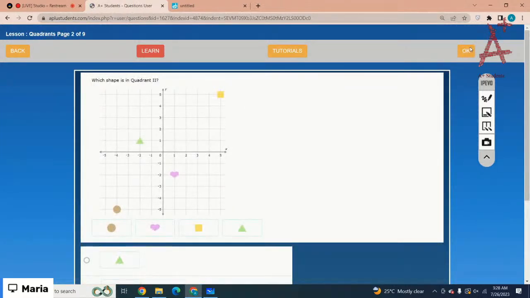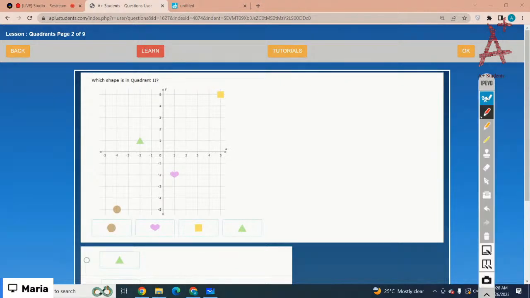Okay, which shape is in the second quadrant? Which is the correct option? In the second quadrant, this is first, this is second. In the second quadrant, you have a triangle. So the correct option is option number 1, the triangle, right?